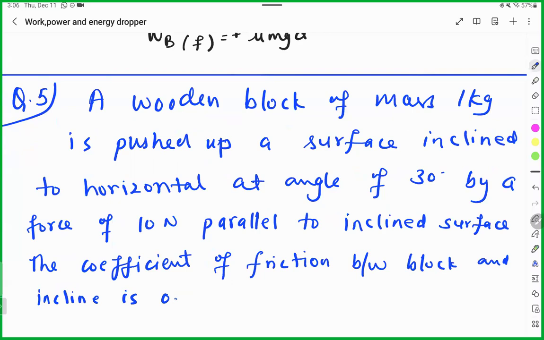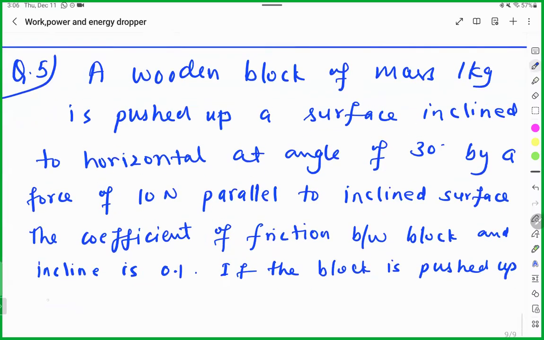If the block is pushed up by 10 meter along the incline, calculate.